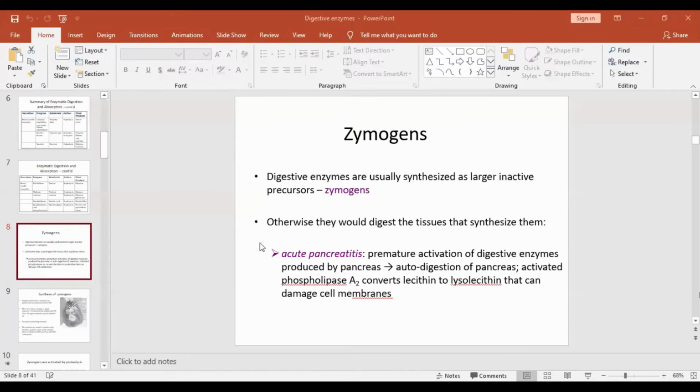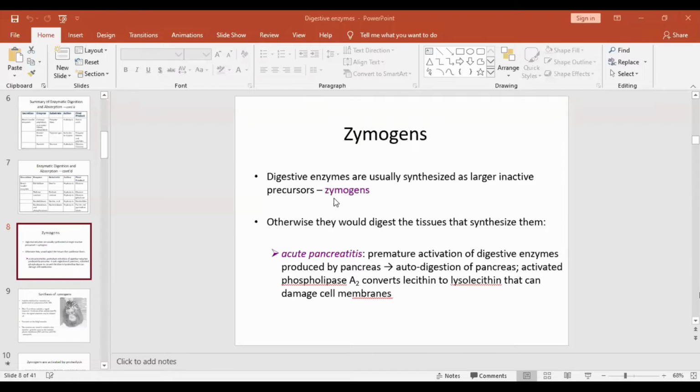In the case of acute pancreatitis, where there is premature activation of digestive enzymes by the pancreas, there will be autodigestion of the pancreas, and that may cause activated phospholipase A2, which converts lecithin to lysolecithin, and that can damage the cell membranes.